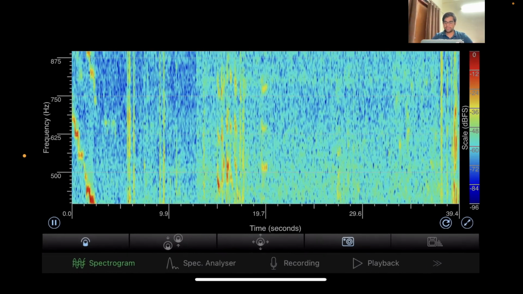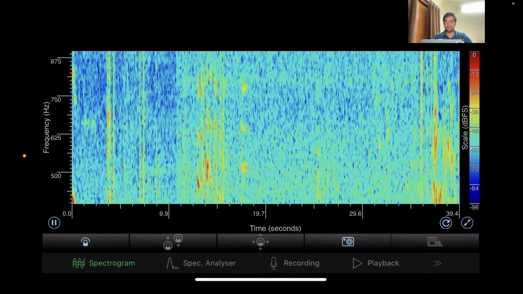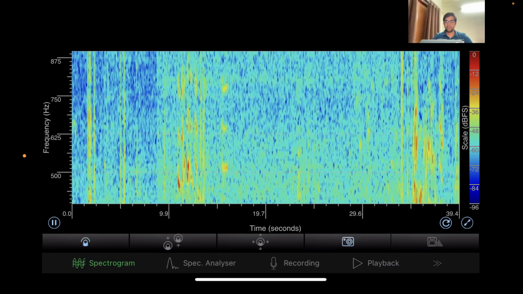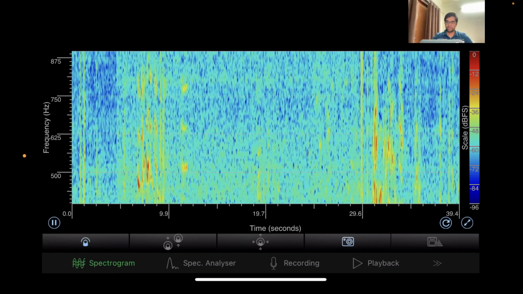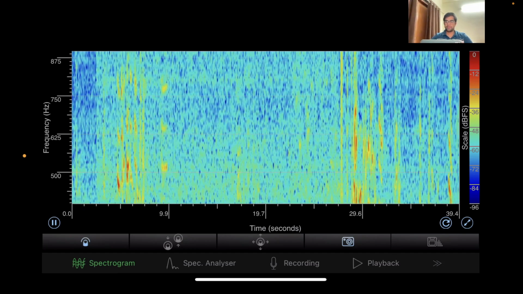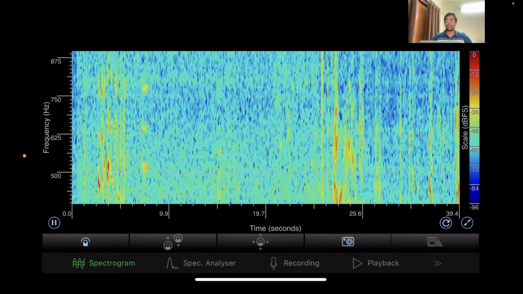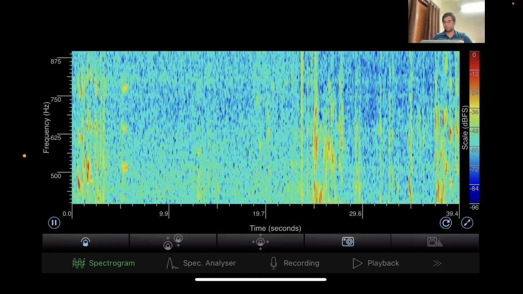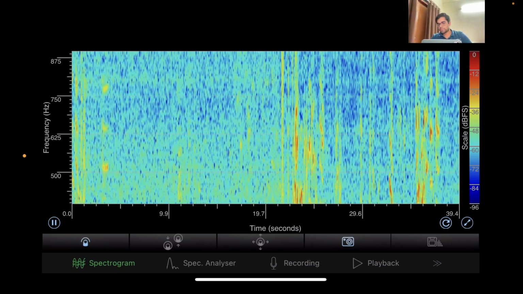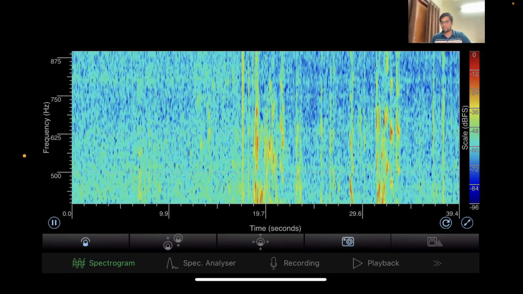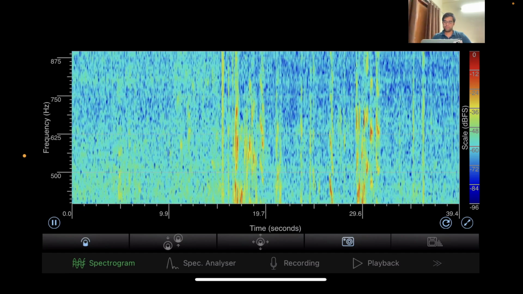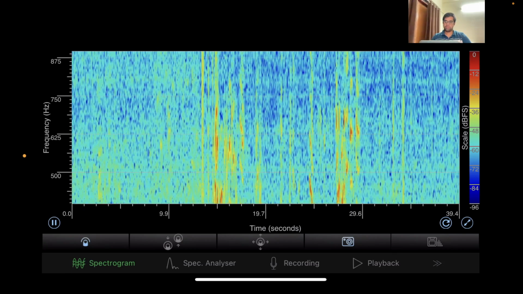Can you all see this spectrogram on my screen? Okay. I'll play some notes, one second.